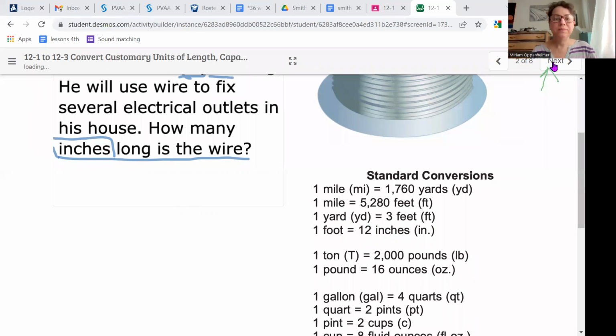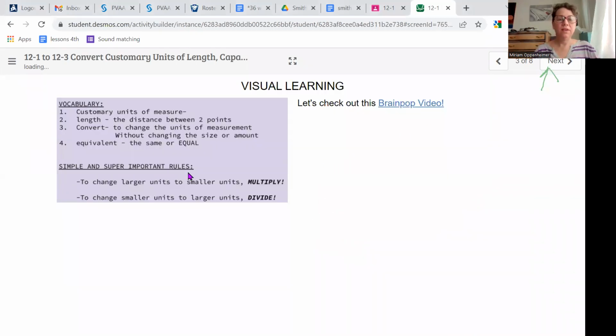Go to next. Okay, so they're telling us about the customary units of measure. Those are vocabulary words that you should learn how to use. Customary means regular, and in the United States, they are regular. Length is how far.